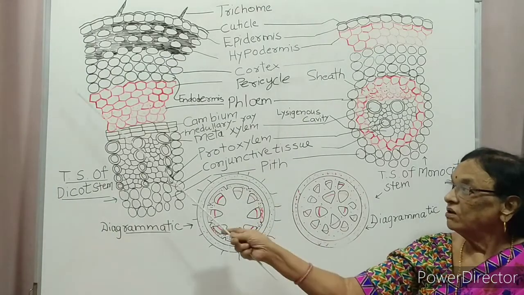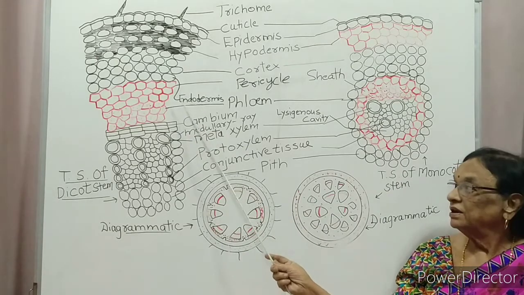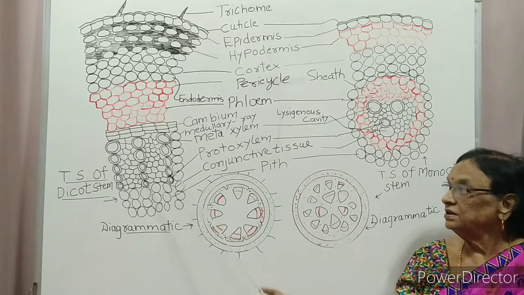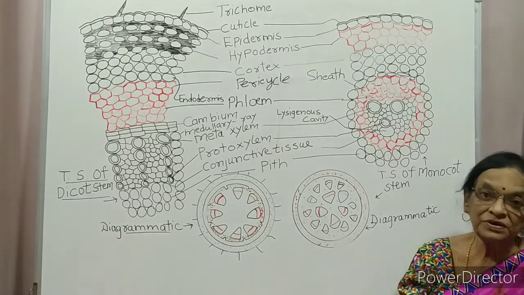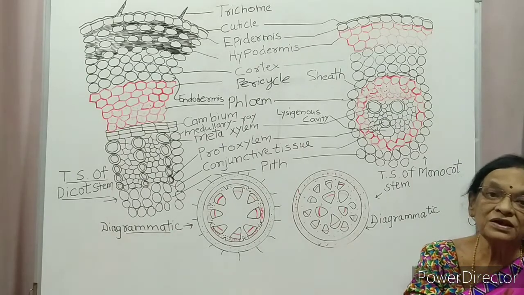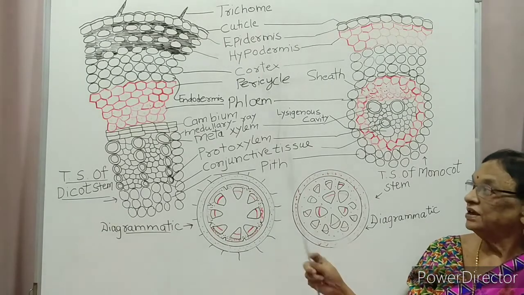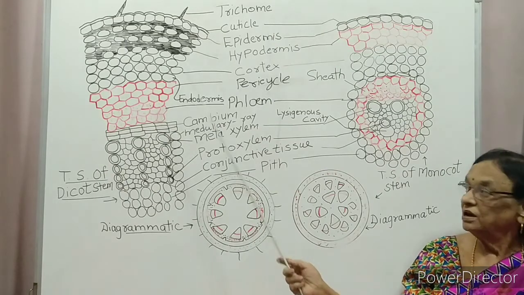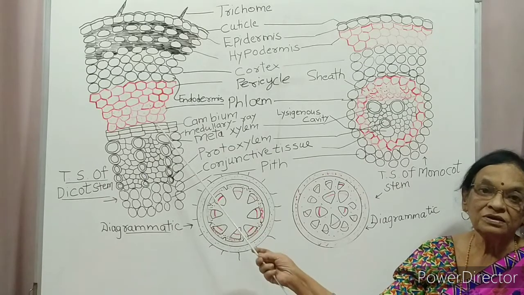It means on either side are parenchyma, and sclerenchyma is above the conducting tissue, the vascular zone. So what is the specialty of pericycle? It has alternate parenchyma and sclerenchyma. Sclerenchyma is located above the vascular bundle, xylem and phloem.